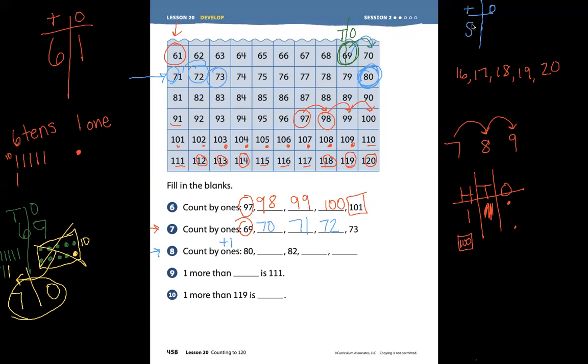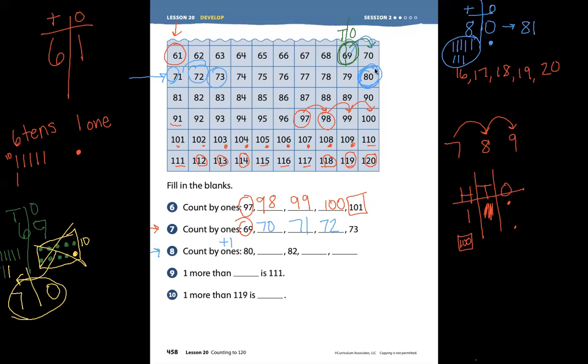The number 80 has 8 tens and 0 ones: 1 ten, 2 tens, 3 tens, 4 tens, 5 tens, new line, 6 tens, 7 tens, 8 tens, and no ones. So we have 80. If we add 1 one, our tens are going to stay the same, and we'll add a 1 after it. Our new number would be 81.